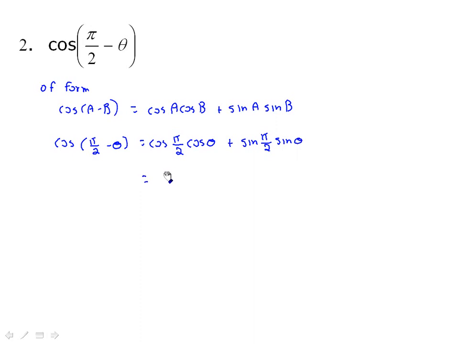Cosine pi over 2, well, that is also equal to 0. So we get 0 times cos theta. Sine of pi over 2 is 1, and then times sine theta. So therefore, the cosine of pi over 2 minus theta is equal to sine theta. So easy to check by graphing as well.